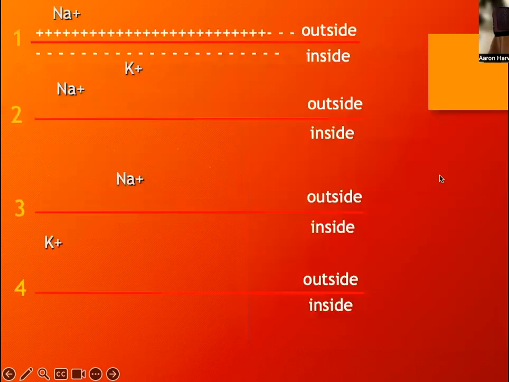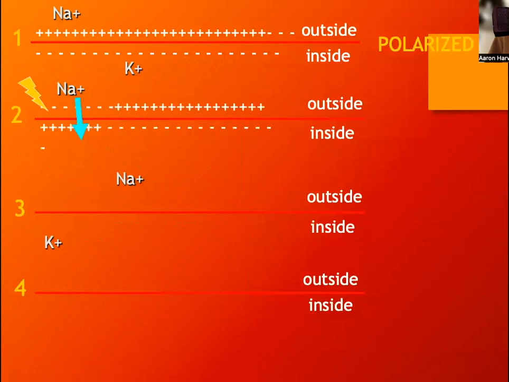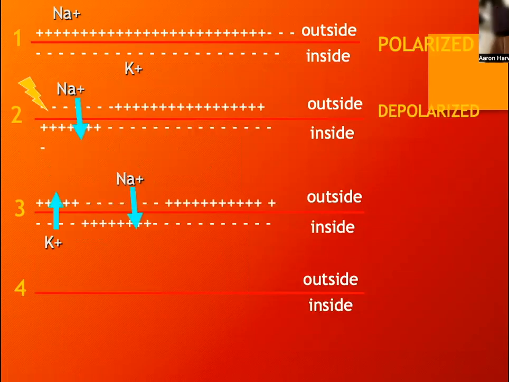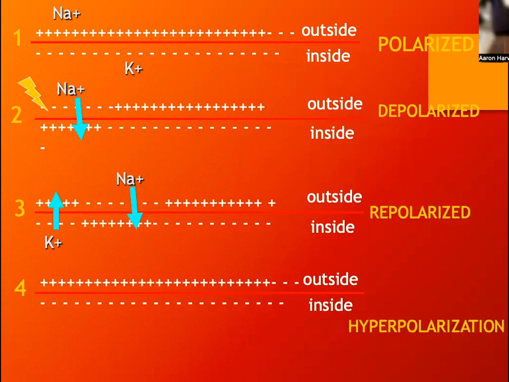So basically, the whole idea here is that you're looking through the different states. In a polarized state, there is basically an even exchange. Sodium's on the outside of the cell. It's all positive outside the cell, negative inside the cell with potassium. Depolarization, sodium will rush in, changing the relative polarity.